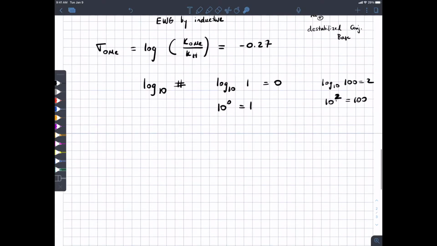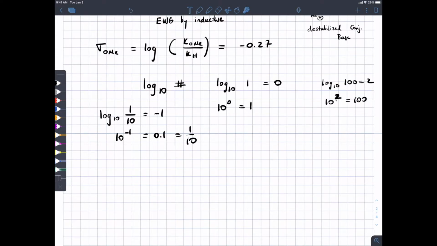What do negative values mean? The hydrogen is bigger. Right, because logs go negative when you have a number between 0 and 1. The base 10 log of 1 over 10 equals negative 1 because 10 to the negative 1 equals 0.1, which equals 1 over 10, and so on.